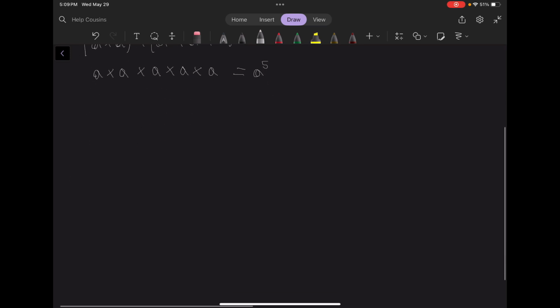Then we have the power rule, which is that a to the power of s, and then all that to the power of t, is going to be equal to a to the power of s times t.